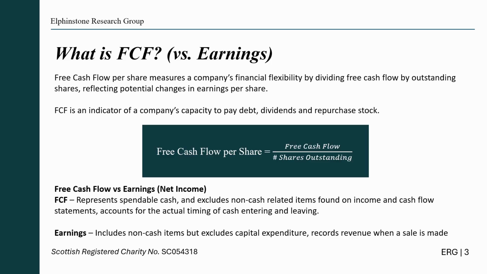Now, going deeper into the differences, earnings record revenue when a sale is made, even if the customer hasn't paid it yet. Free cash flow, on the other hand, accounts for the actual timing of cash entering and leaving.